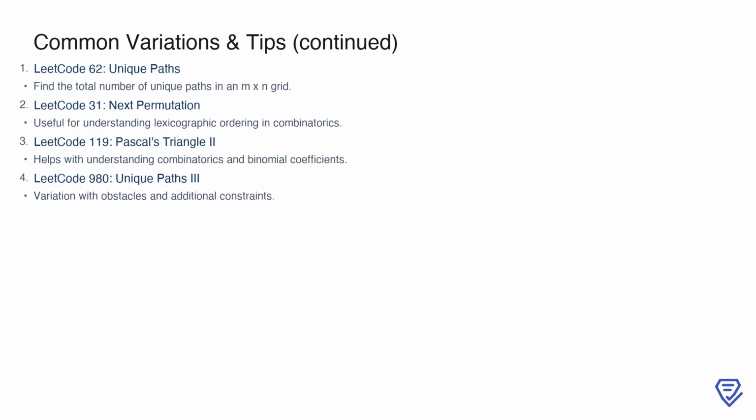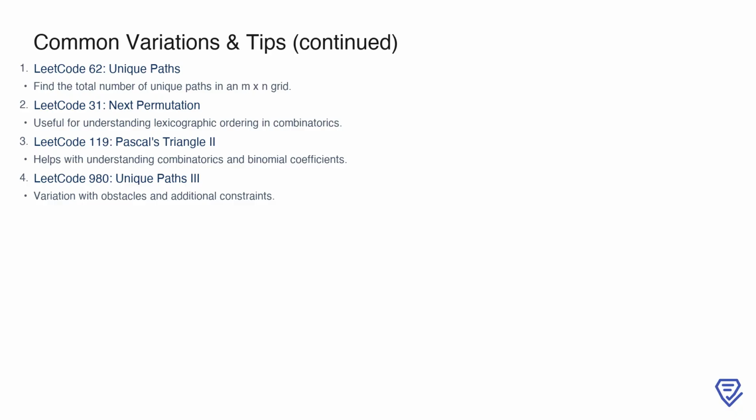To deepen your understanding of this problem, it's helpful to explore related problems on LeetCode. For example, LeetCode 62, Unique Paths, asks you to find the total number of unique paths in an MxN grid, which builds foundational skills in grid traversal. LeetCode 31, Next Permutation, is useful for mastering lexicographic ordering, a key concept in combinatorics.